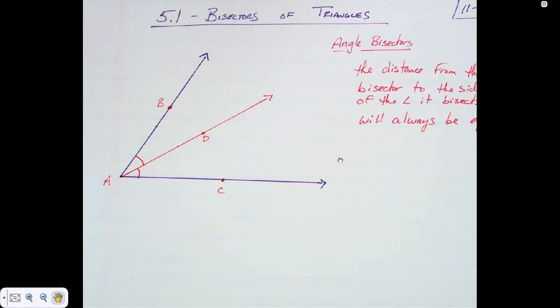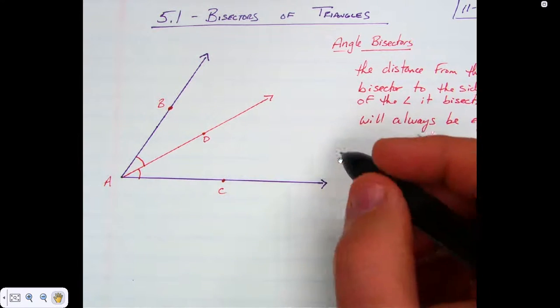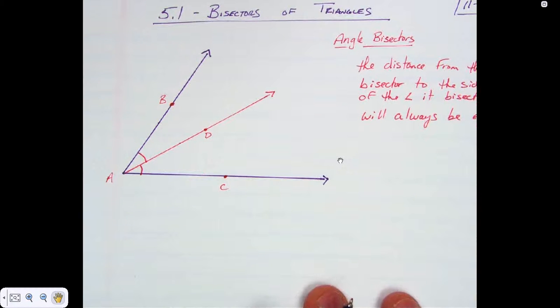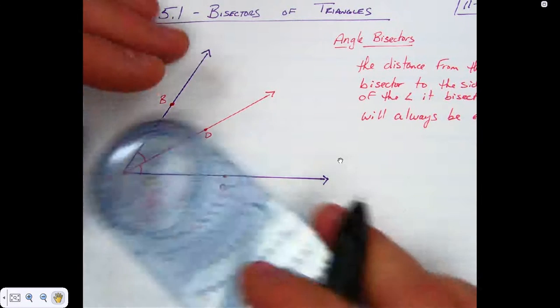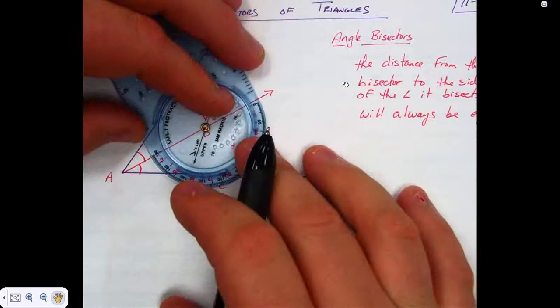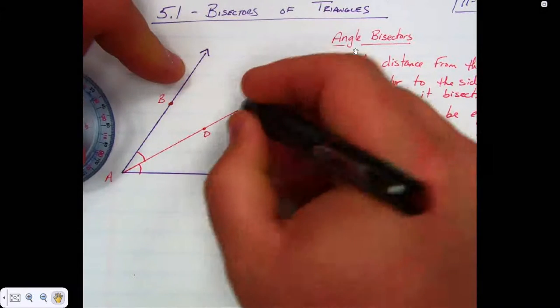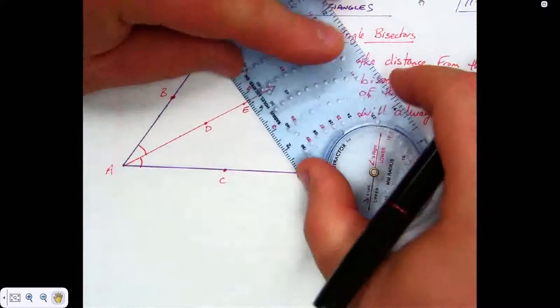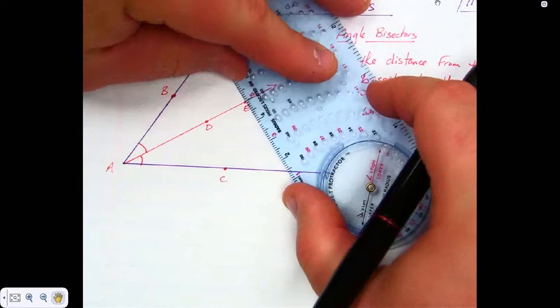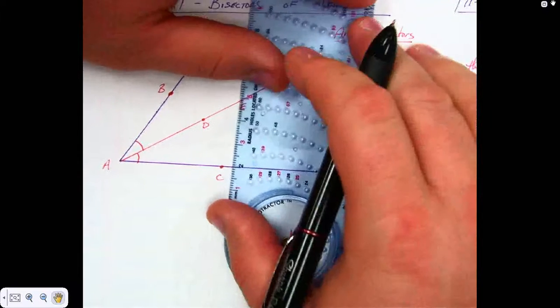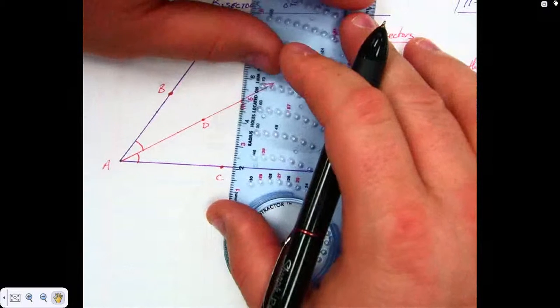Okay, so with that in mind, what is this saying that the distance from any point to a line is going to be? Well, let's make an E here. How would I measure that? Along a 90 degree angle. But I'm going to make a 90 degree angle with the ground here, aren't I?